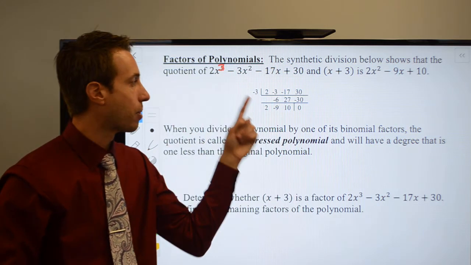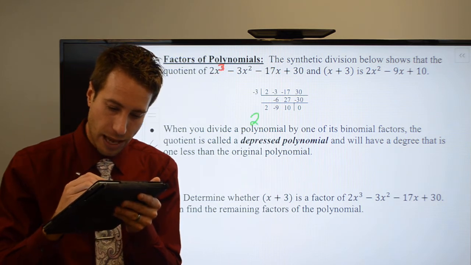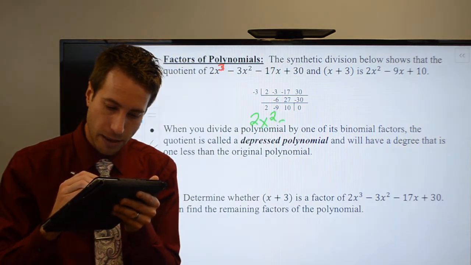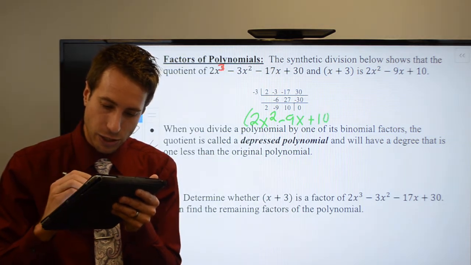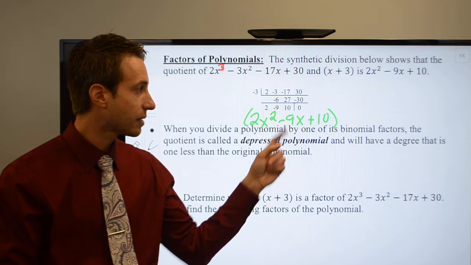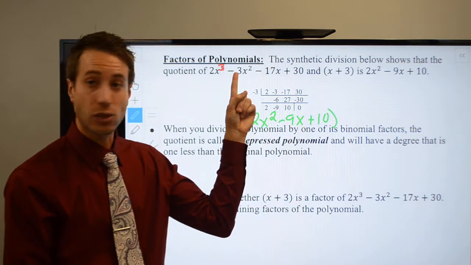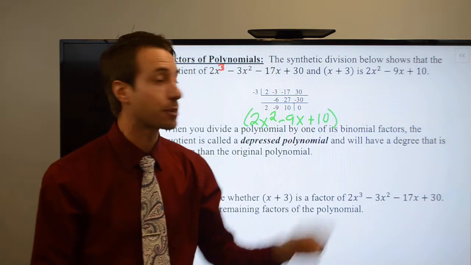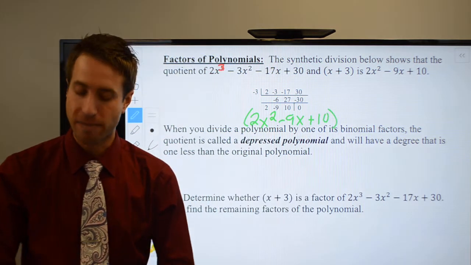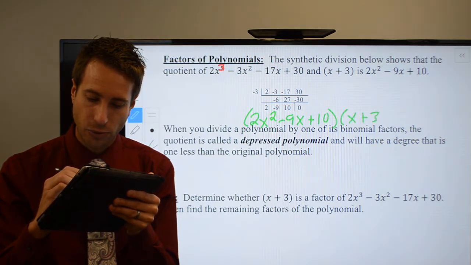Since it's a third degree polynomial, my quotient is going to be 2x squared minus 9x plus 10. All right, so that's my quotient, one of my factors for this original polynomial, and I also know that x plus 3 is one of my factors. So I'll keep that guy, x plus 3.